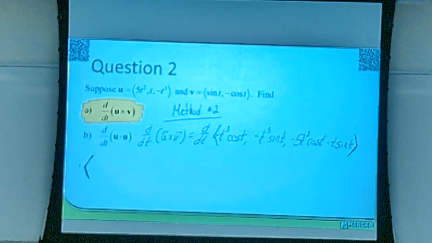So how would you do it? Don't tell me what the derivative is just yet. So you go one by one. First component. So how would you do the derivative of the first component? Oh, you have to do the, like, method one. Product rule. Second times derivative of the first plus first times derivative of the second.